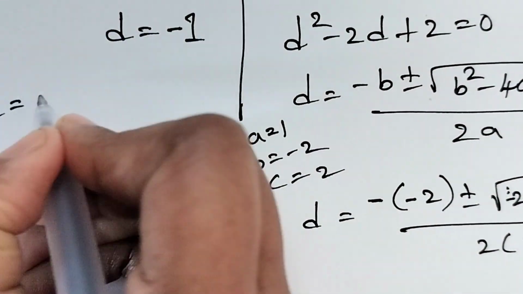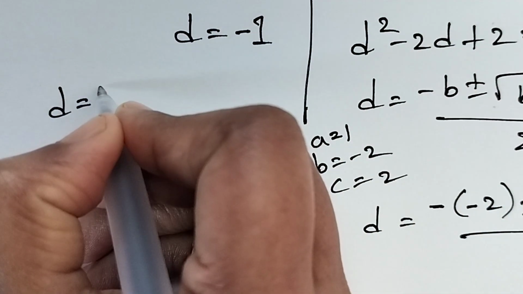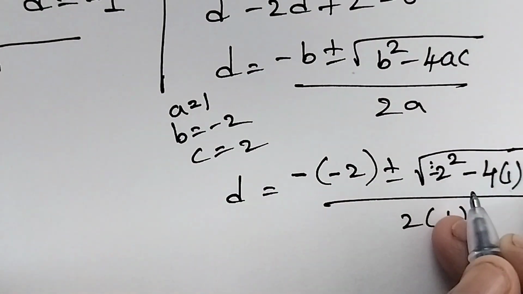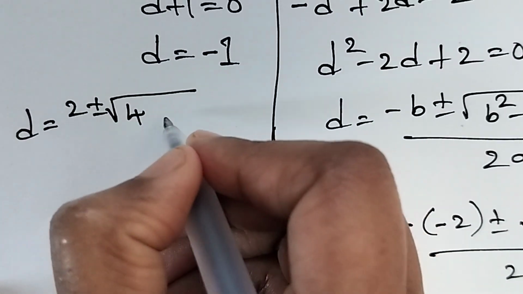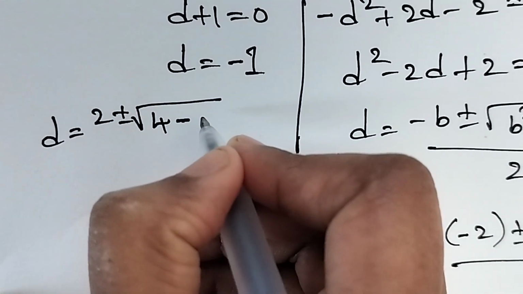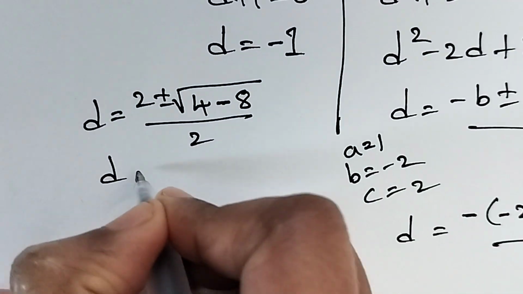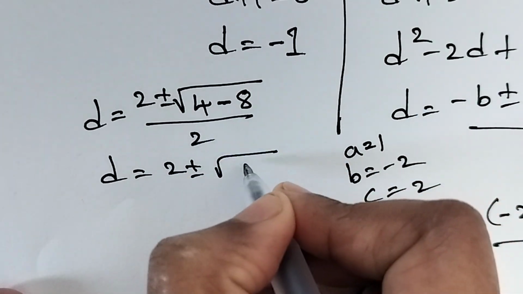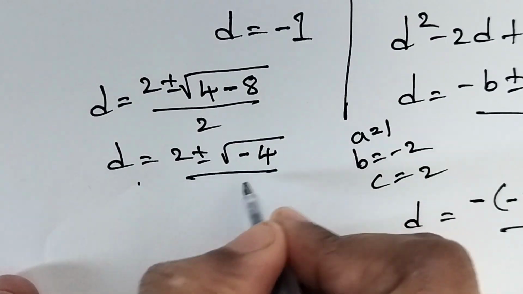So d is equal to, minus minus becomes plus, 2 plus or minus square root of 2 square, which is 4, minus 4 times 2, 8, divided by 2. So d is equal to 2 plus or minus square root of 4 minus 8, which is minus 4, divided by 2.